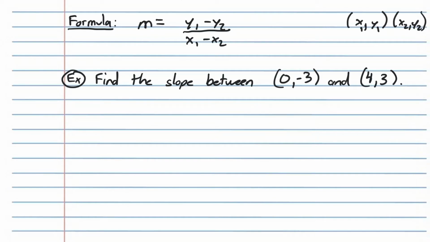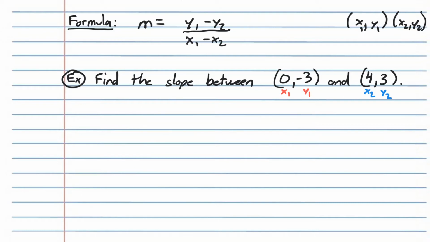So just label one of them x1, y1. So let's say we call the first one x1, y1. Then the second one we're just going to call x2, y2. Okay, it's just gonna make the calculations a lot easier if you label it. That way we can see exactly where it's going.